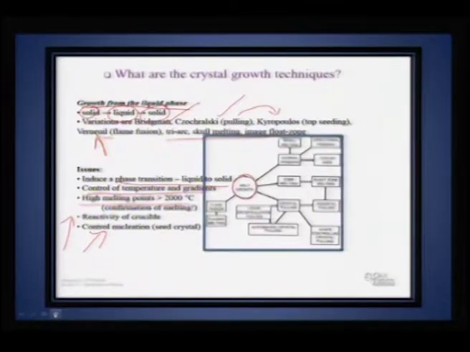So in melt growth techniques we will be looking at zone melting, which is one of the very popular routes, and another one is crystal pulling. So you try to initiate a crystal growth using a pulling technique.